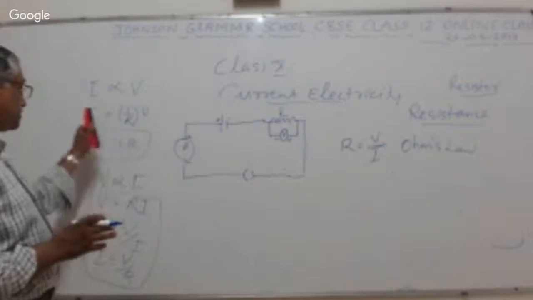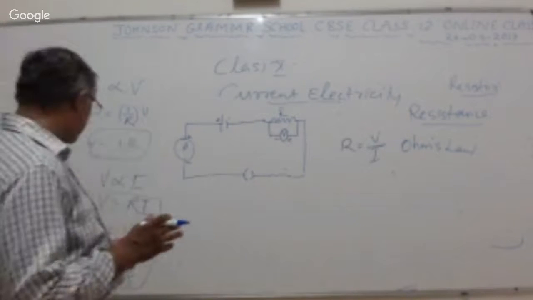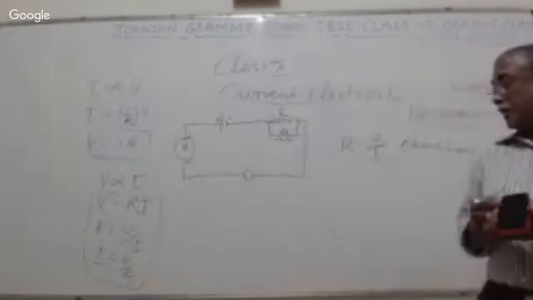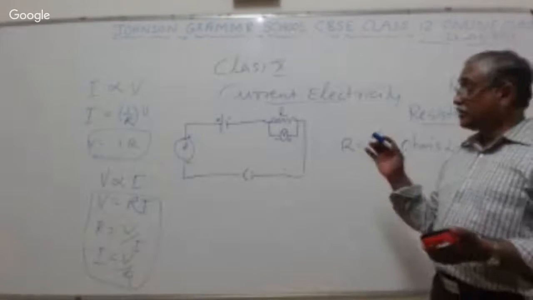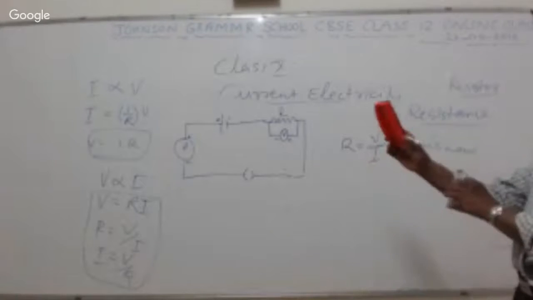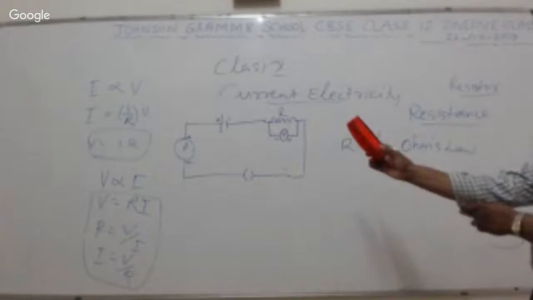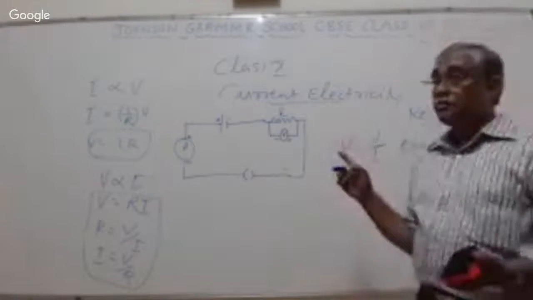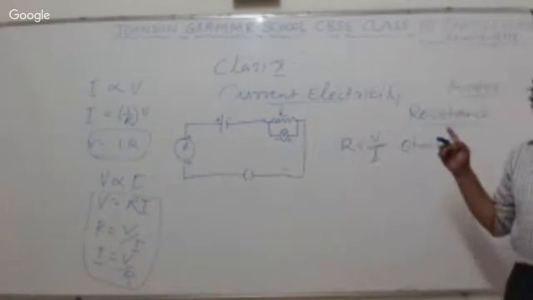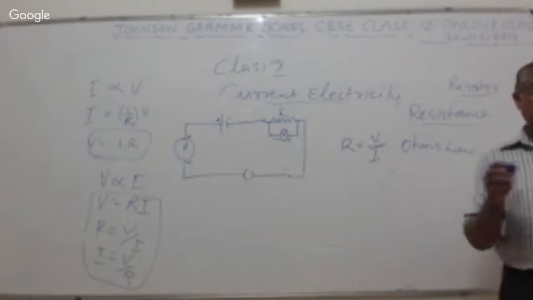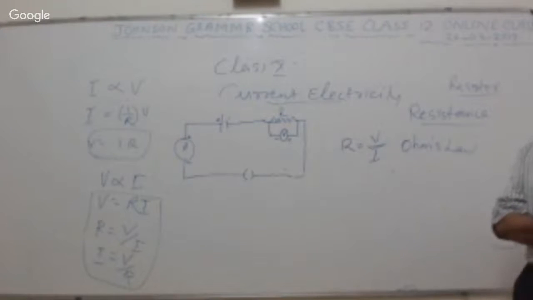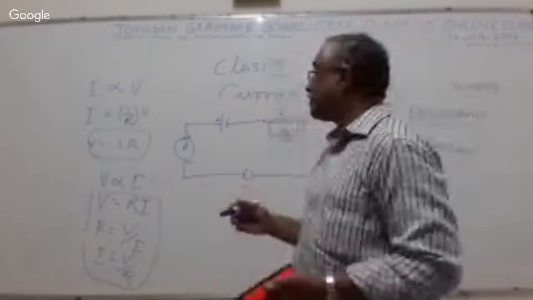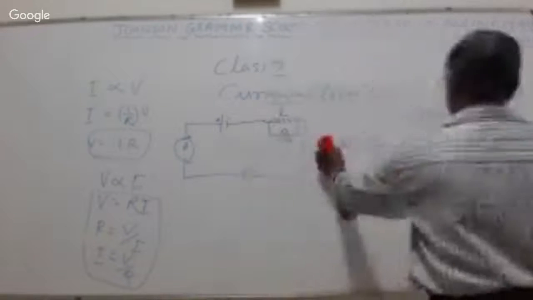So from this, mathematically, you can change the equation to I is equal to V by R or R is equal to V by I. So these are three different terms of electricity we have seen. One is electric current, which is measured using a device called an ammeter, in ampere, and it is the rate of flow of electric charge: I is equal to Q by T. All the equations we have already seen.